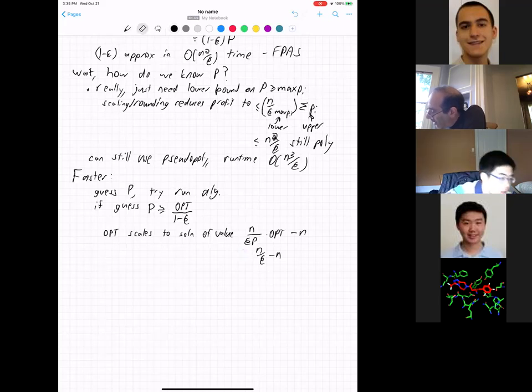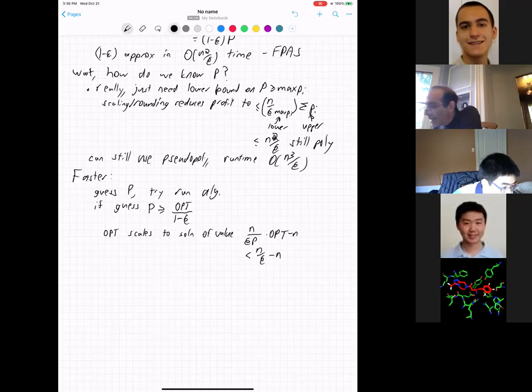The problem is that we're dividing by something that's bigger than opt by quite a bit. So opt gets scaled down by too much, and we end up with an optimum that is less than n over epsilon minus n.